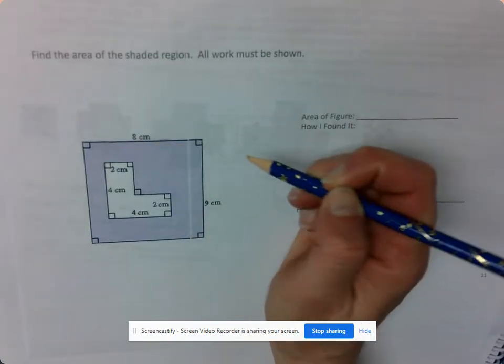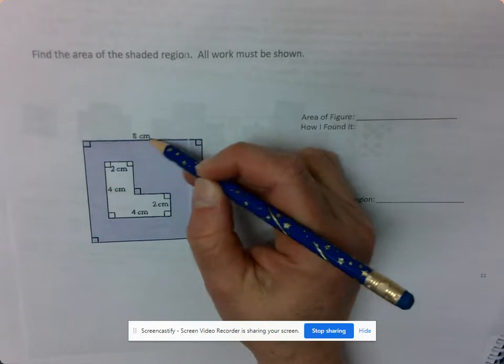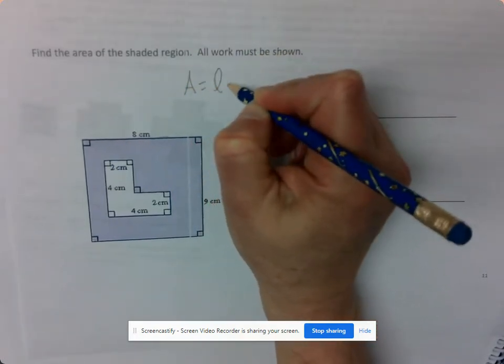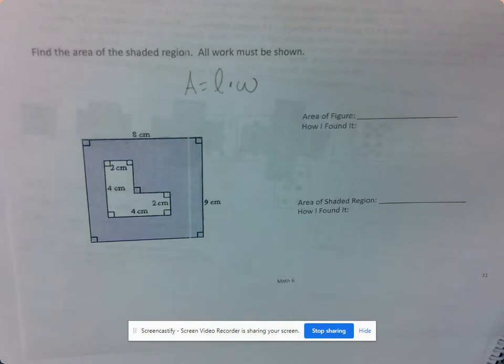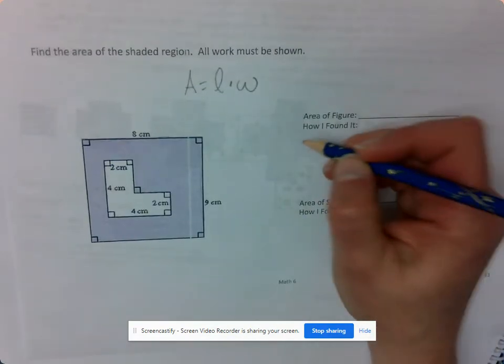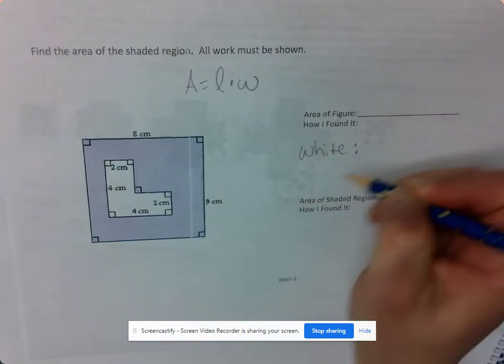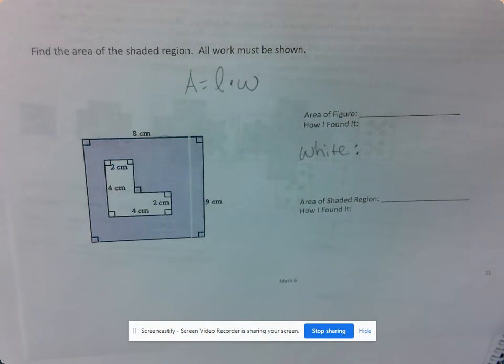It is 8 centimeters and 9 centimeters. We know that area is length times width. So we should be able to find the area of the full figure. We're going to want to find the area of the white, because then we can subtract that out of the full figure to find our shaded.